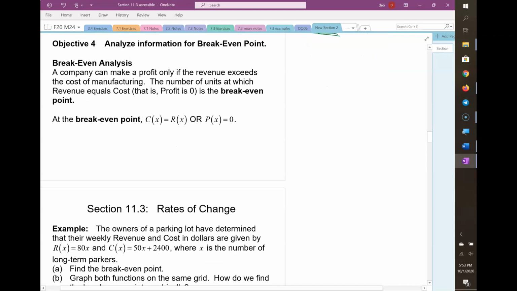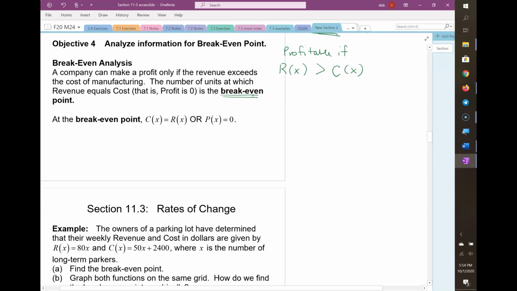Then objective 4, we're going to go back and talk about break even a little more because it's a really important concept. So a company can make a profit only if their revenue exceeds, is bigger than, their costs. So you're profitable if your revenue is more than your costs. The place where they're equal is called the break-even point.